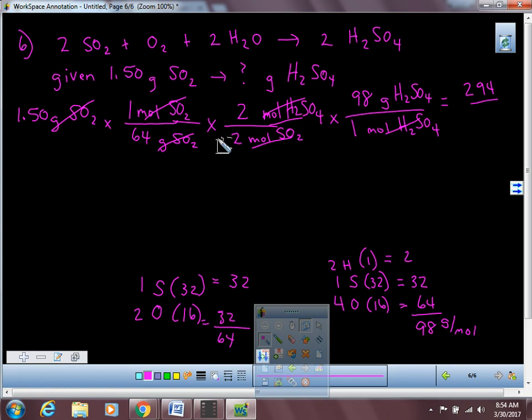And then the bottom, 64 times 2 is 128. And then we divide. How much did you get? 2.3 grams of sulfuric acid.